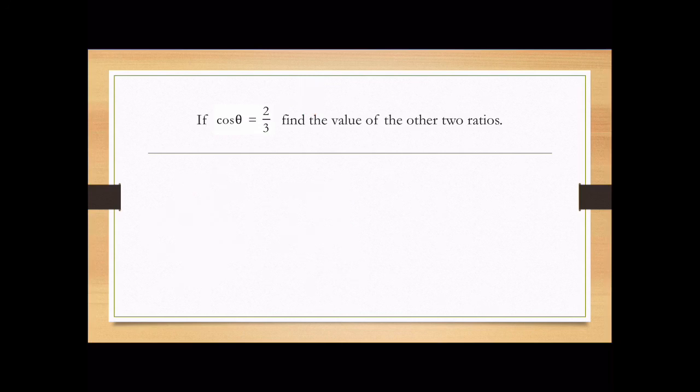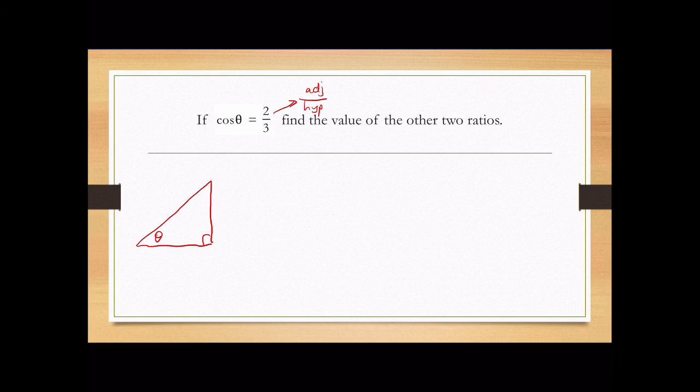Okay. In the next one, you have cos theta is 2 over 3. So again, this is cos, which is adjacent over hypotenuse. So draw a triangle, always drawing triangles. Put theta in some position. It doesn't matter which one you choose, you'll get the same answer in the end if you do it correctly.